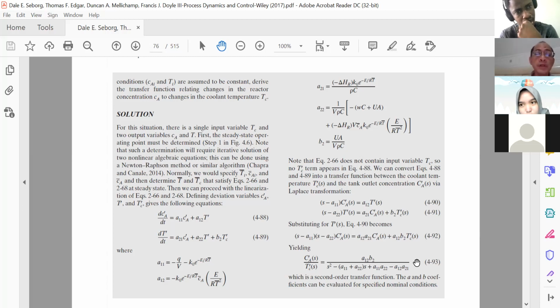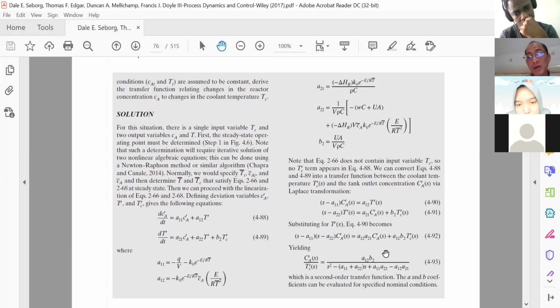Suppose you have a CSTR and you got a model where the numerator has a power of S greater than the power of S in the denominator, then the model that you have is wrong.